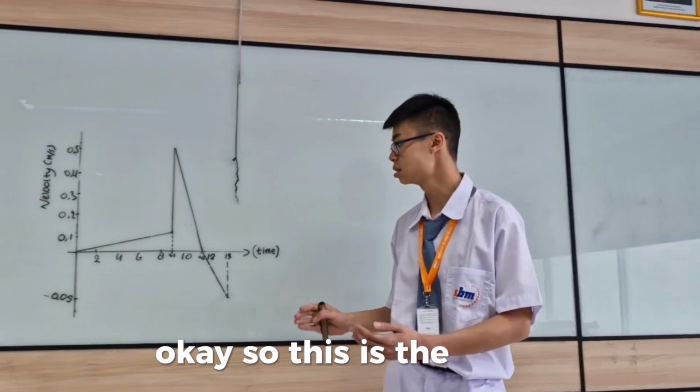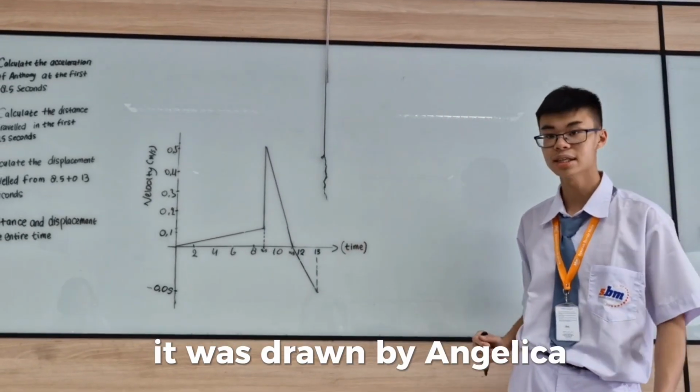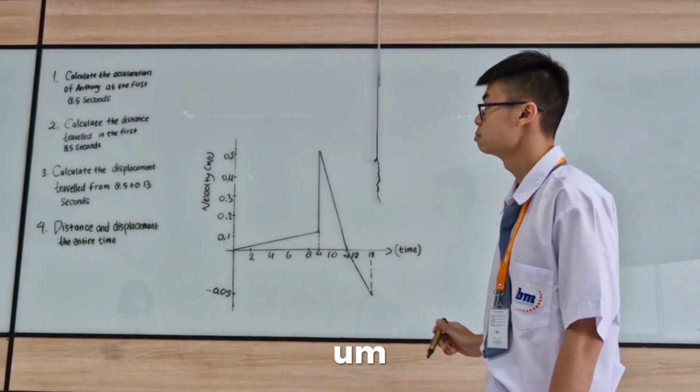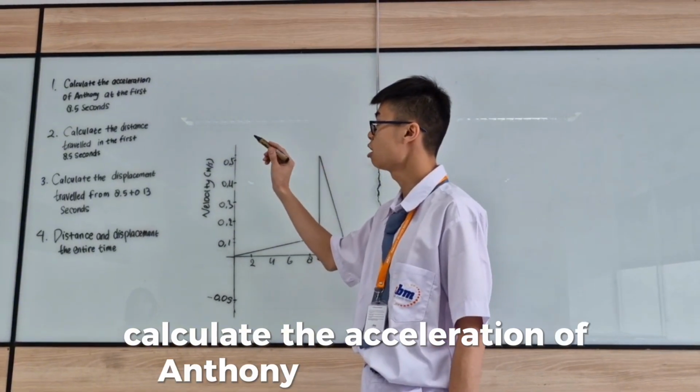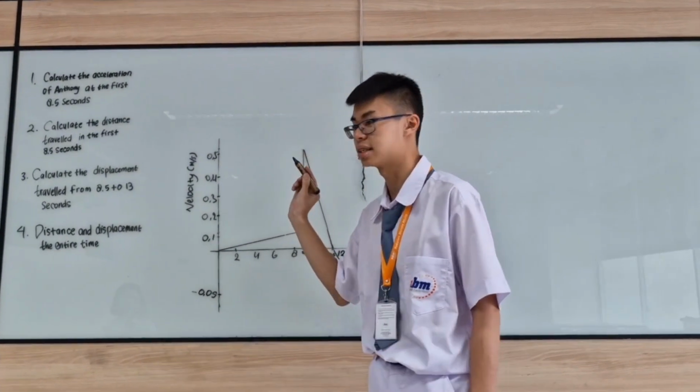Okay, so this is the graph that was done by Angelica. So for number one, we calculate the acceleration of Anthony at the first 8.5 seconds.